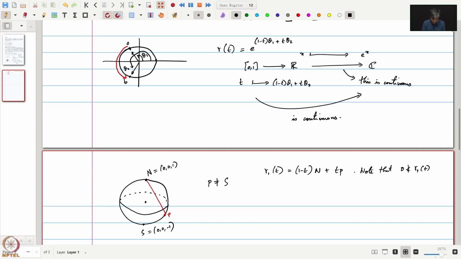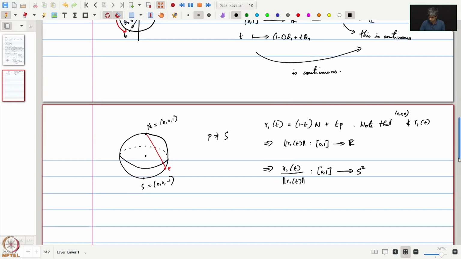So this implies that the norm of gamma 1 of t is a continuous map from [0,1] to R, and therefore we can define a new map using the norm of gamma 1 of t, and the image now will land inside the sphere S2.